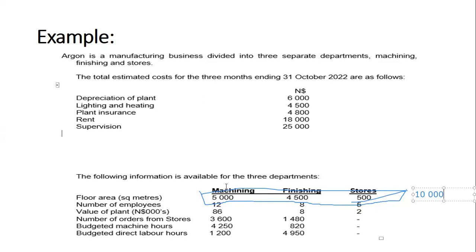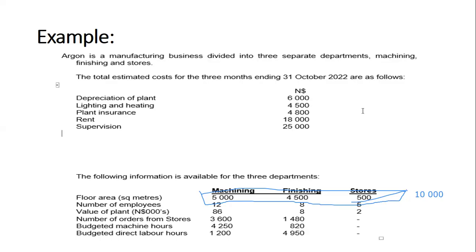Now, to apportion lighting and heating, since we're using the floor area or floor space, to apportion it between the three different departments, we take the 5,000 and divide it by the 10,000. Thereafter, you multiply it by 4.5.